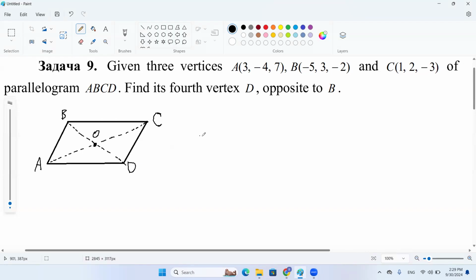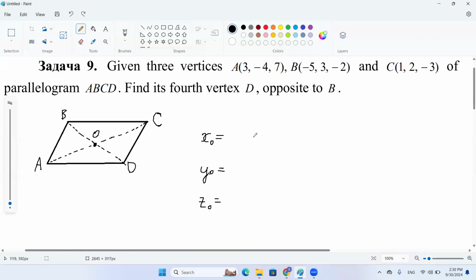Okay, who remembers how to find the middle point between two others? So how to find point O? Who wants to answer? Somebody new? So X, Y, Z. How to find it? Daria?